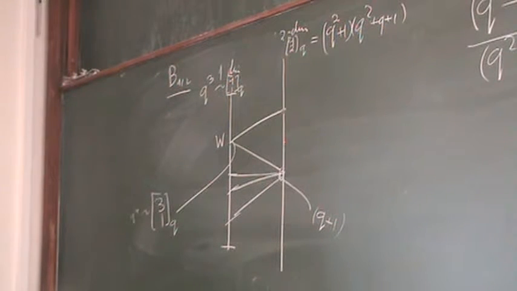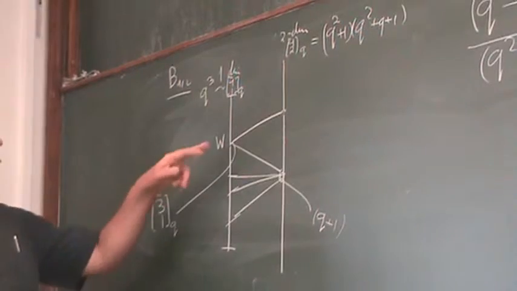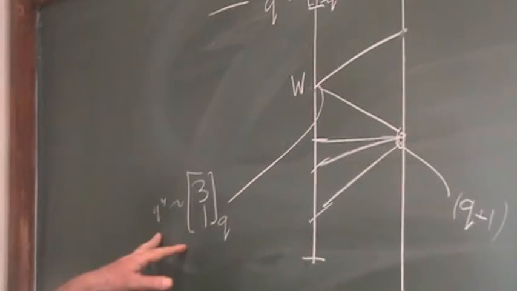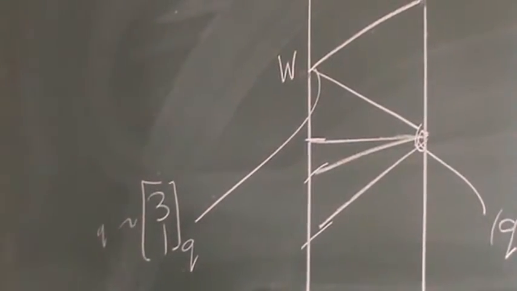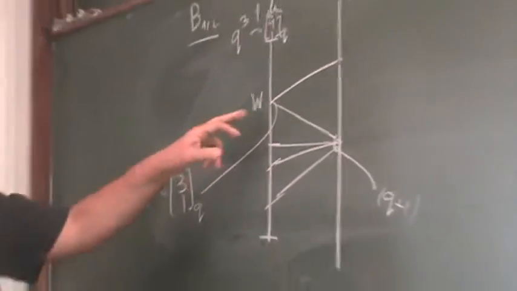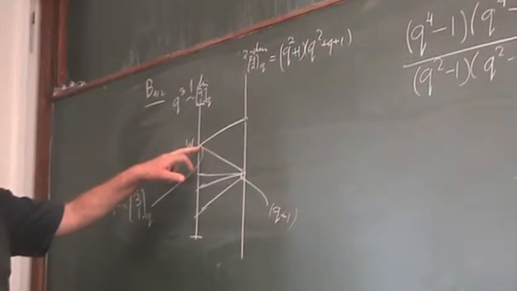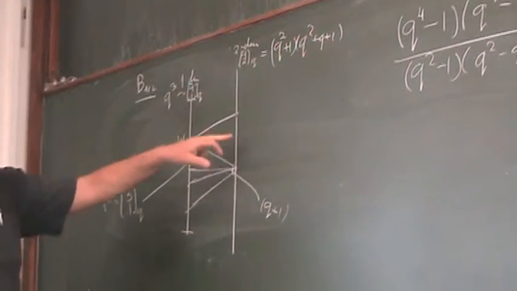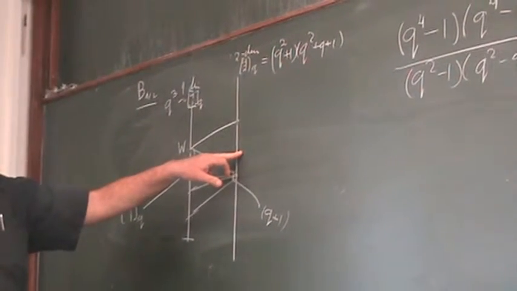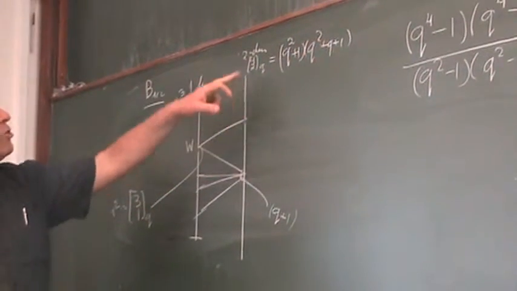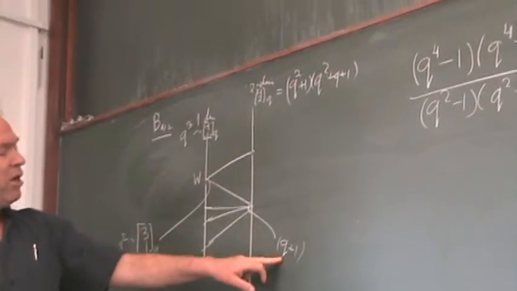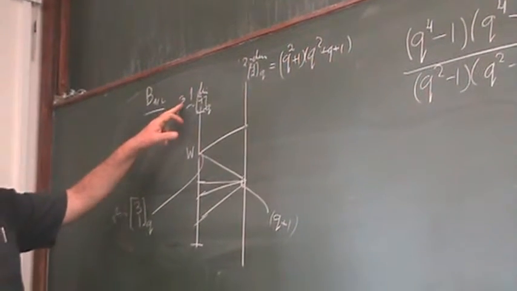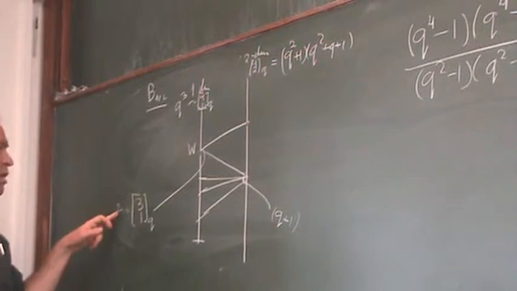That's more or less what we expect, because what should happen is that the number of vertices on the left-hand side times the degree should be equal to the number of vertices on the right-hand side times their degree. So here we have something like q to the 4th times q, this is q to the 5th, and here we have q cubed times q squared, also q to the 5th.